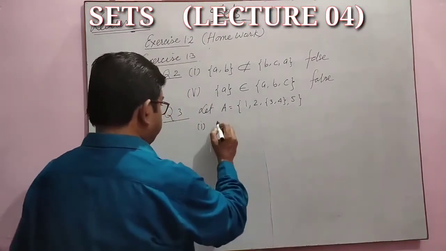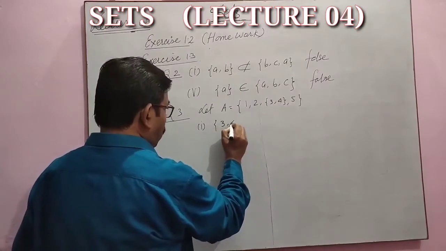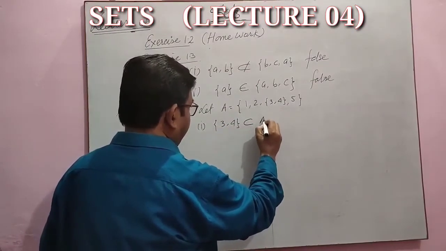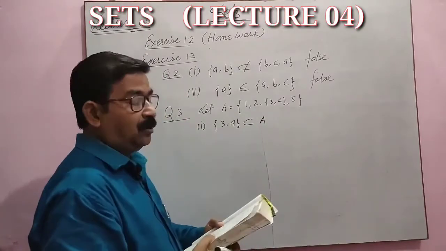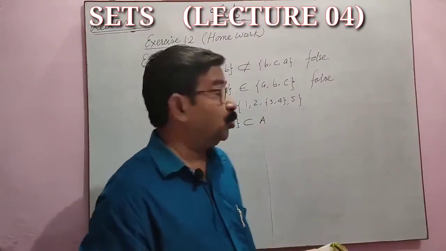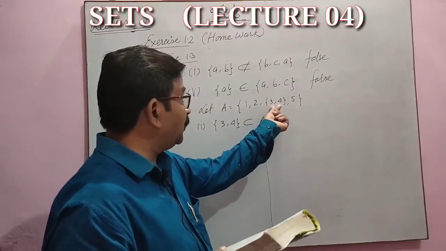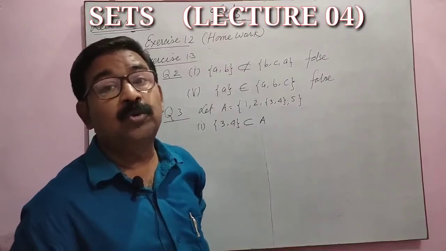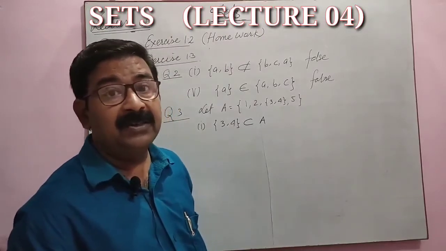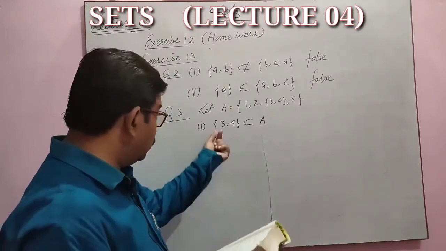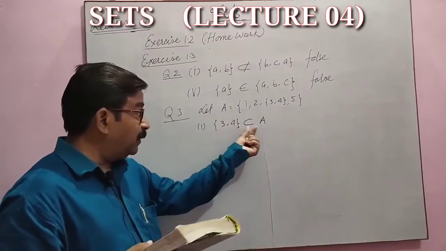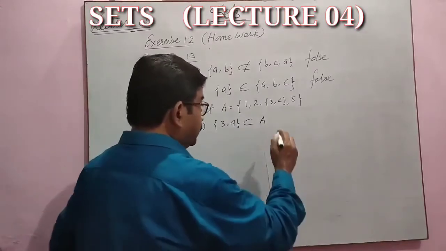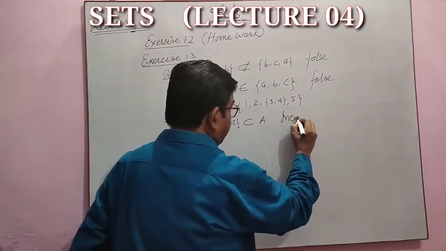The first one: {3, 4} is a subset of A. As I just told you, this {3, 4} is an element, and an element belongs to the set. An element is not a subset of any set. So this is an element, and an element is not a subset of a set, which means this statement is incorrect.